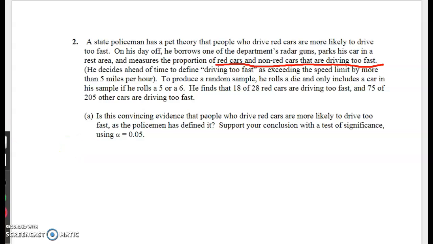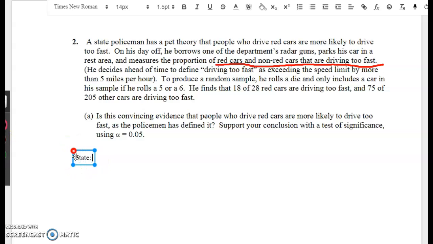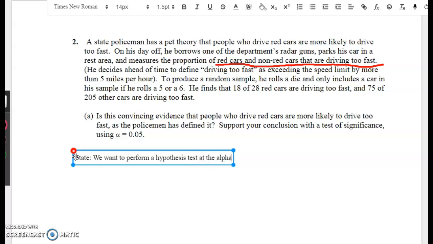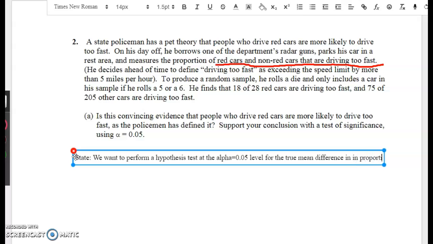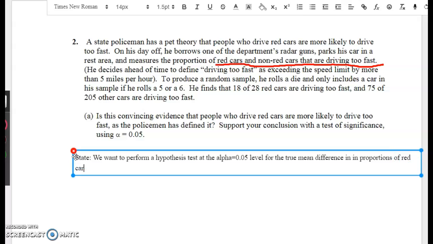So when we do our state plan do here, the state: we're going to perform a hypothesis test at the alpha equal to 0.05 level for the true mean difference in proportions of red cars and non-red cars that drive too fast.